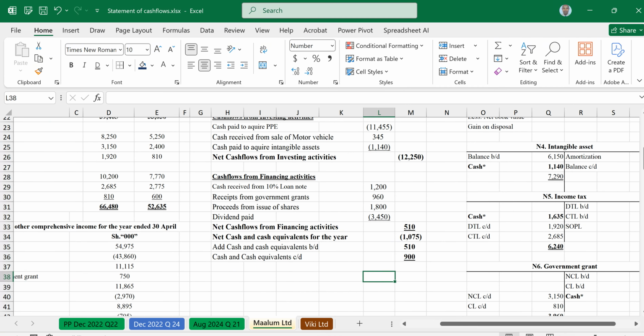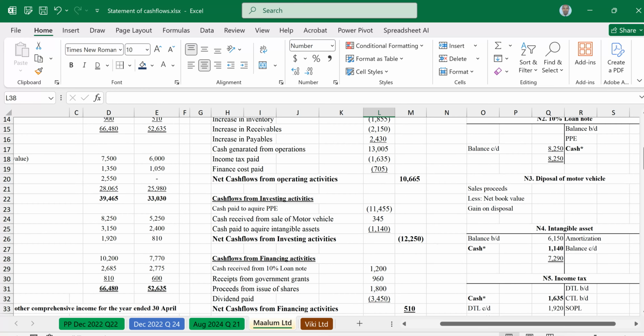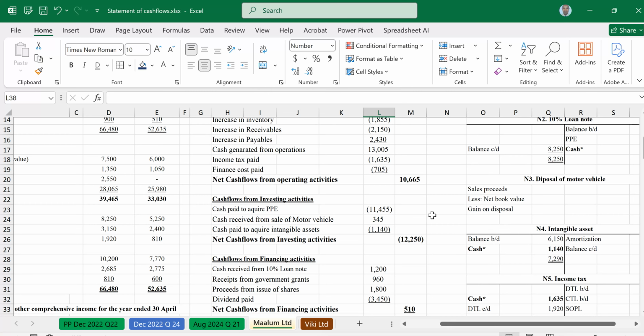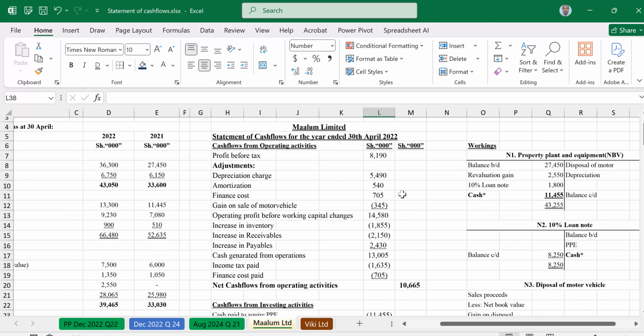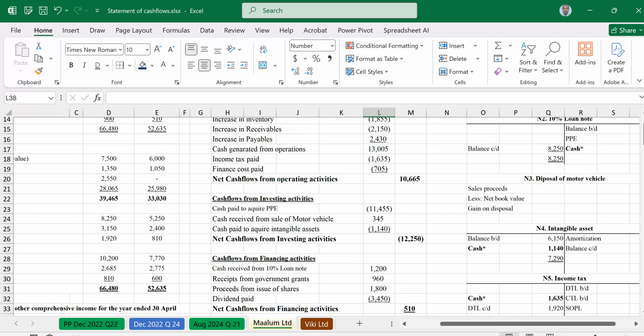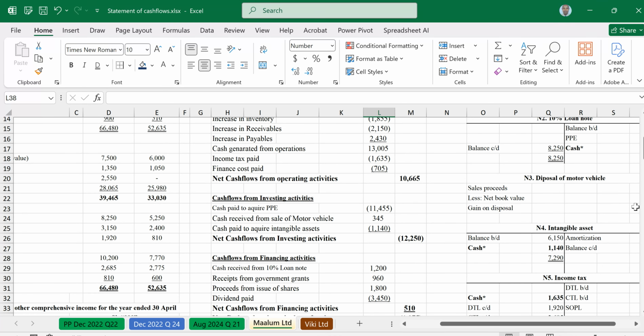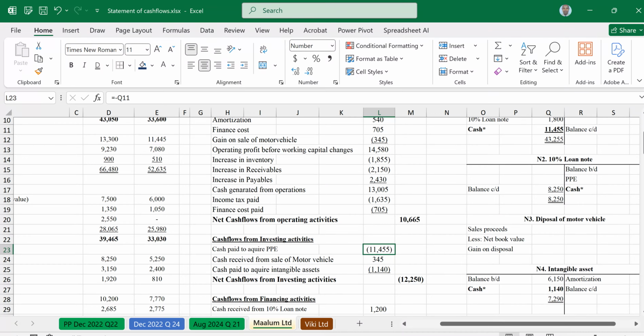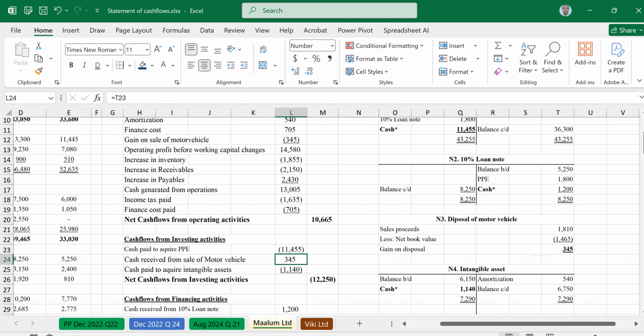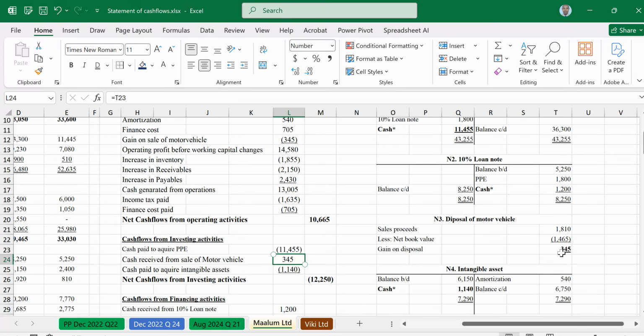So moving up, you can quickly see that cash flows from operating is okay. Then cash flows from investing, cash paid to acquire PPE, that was 11,455, that is fine. Then cash received from the sale of motor vehicle was not 345. It was 1810.